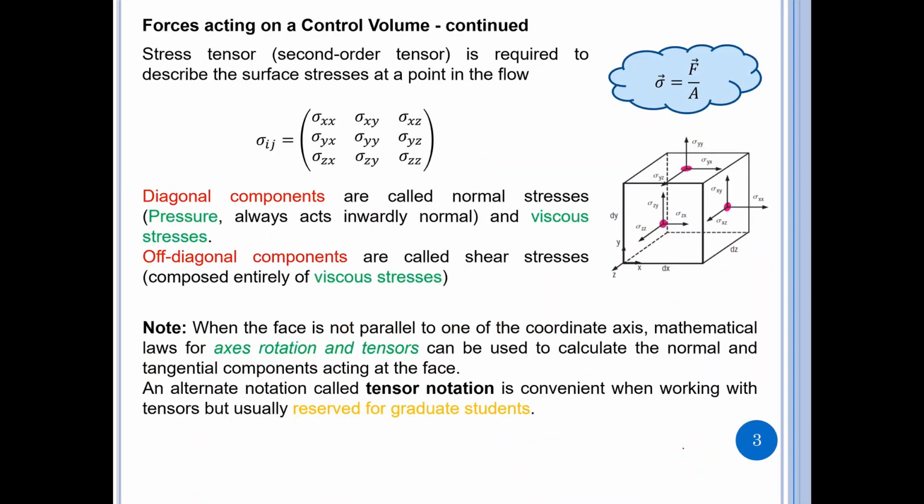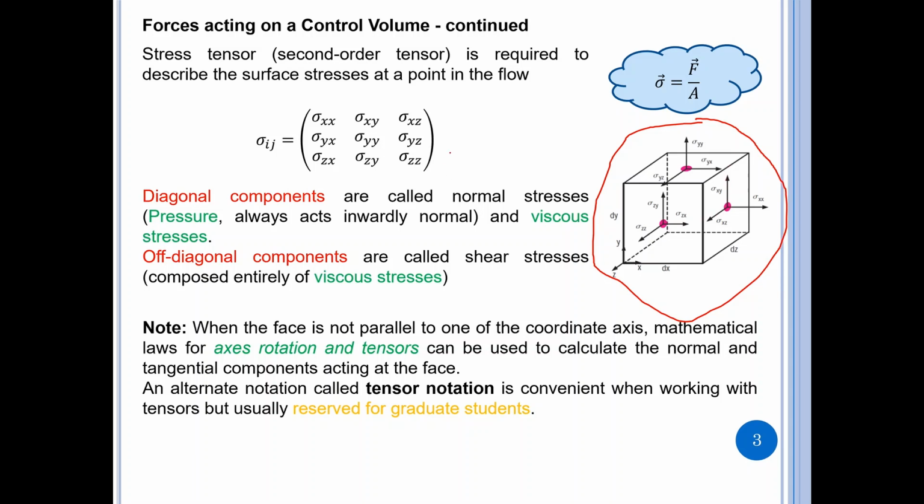Now these forces can be written in terms of stresses. Sigma is equal to force over area, so F is going to be sigma times area. For a control volume, at each face there are going to be three stresses: the normal stresses and the shear stresses.